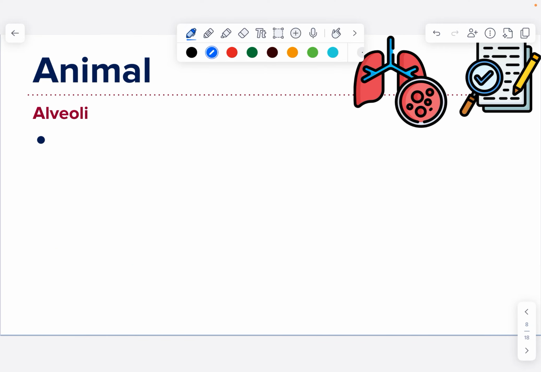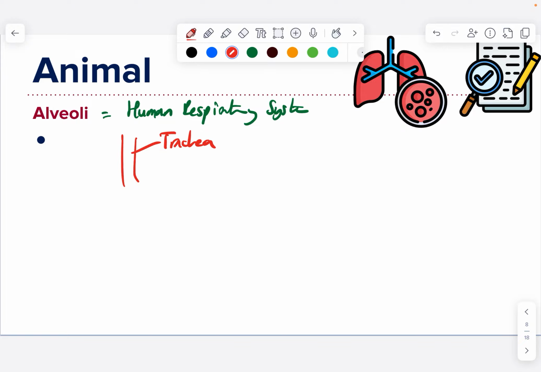So specific examples now about structures. Alveoli are involved in the human, or mammalian, respiratory system. So just general structure first of all, we have our trachea. Our trachea has got cartilage. Cartilage provides structural support.